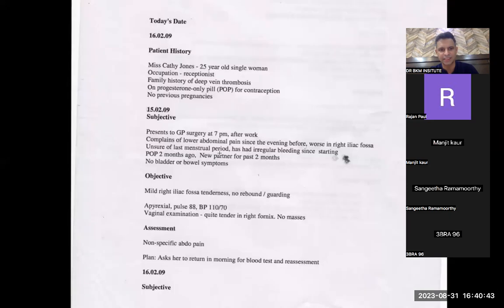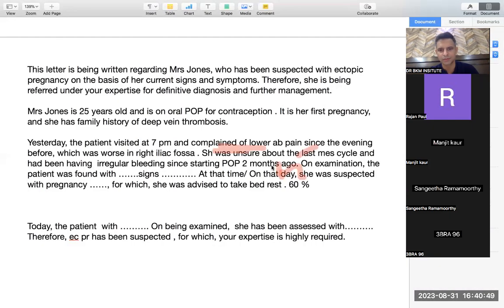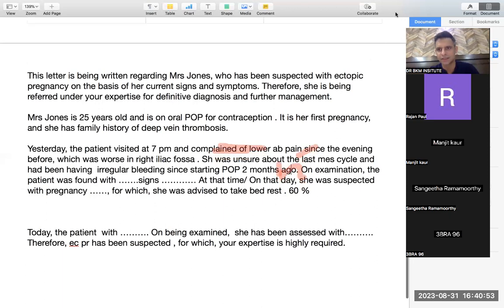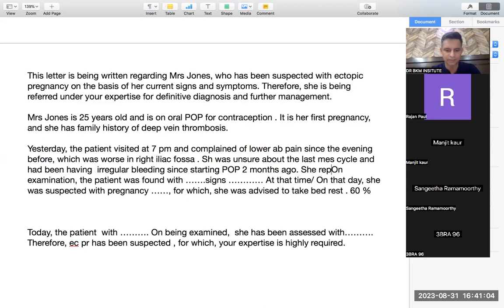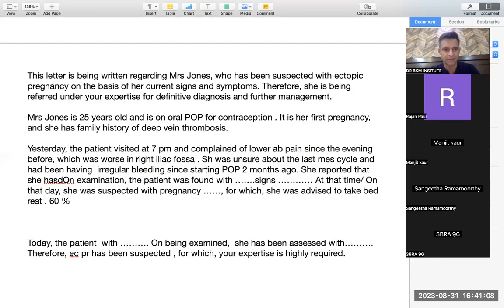Now let's see examination, what happened. New partner for the past 2 months. So whenever she wants to say anything like this, she will report it. So these are the words which come in reporting. So I will say she reported that she had a partner.